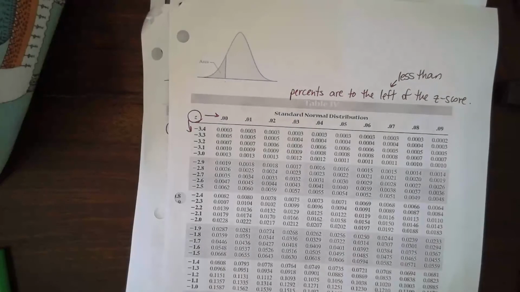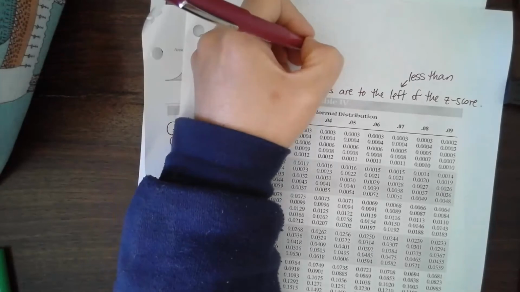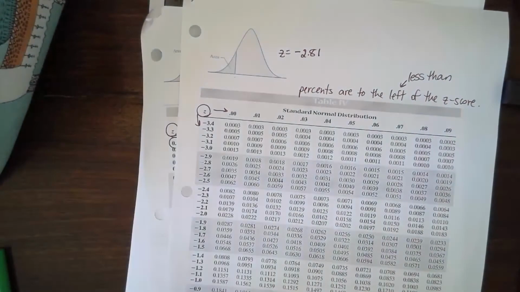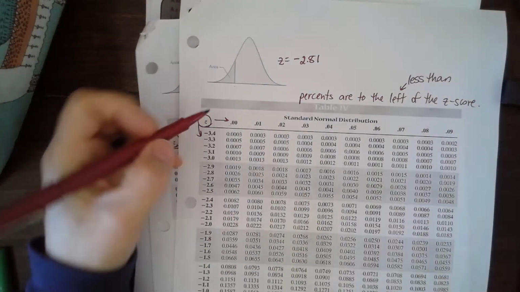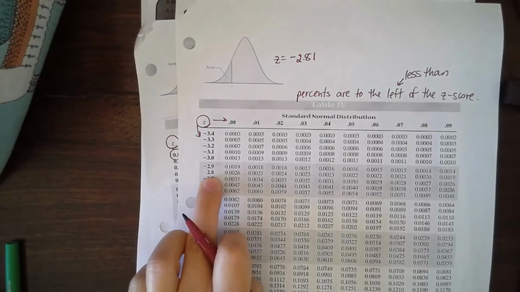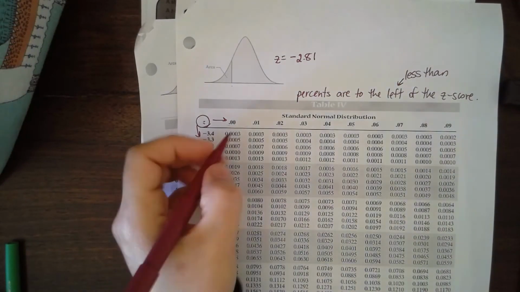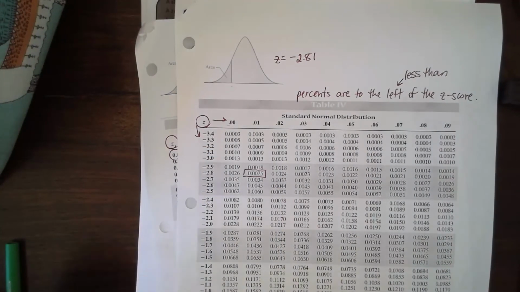Okay, so if you get a z-score of, let's say, negative 2.81, z equals negative 2.81, that means you're almost 3 standard deviations away from the mean. So we look at z equals negative 2.8, here's 2.81, and this is the percentage of the data to the left of that.